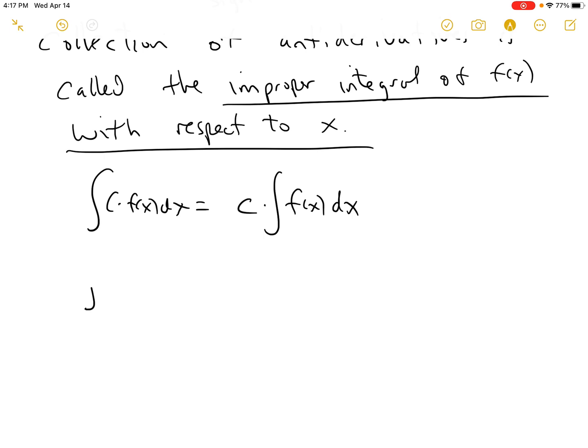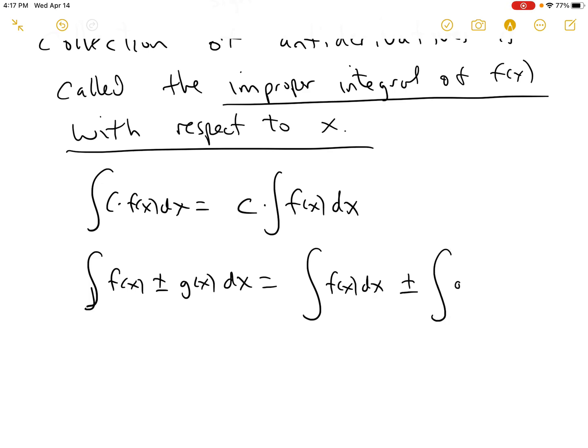Or if you take an integral of two functions that are added together, it's just the sum, or the difference of that, just like derivatives, right? Sum and difference rule and that.